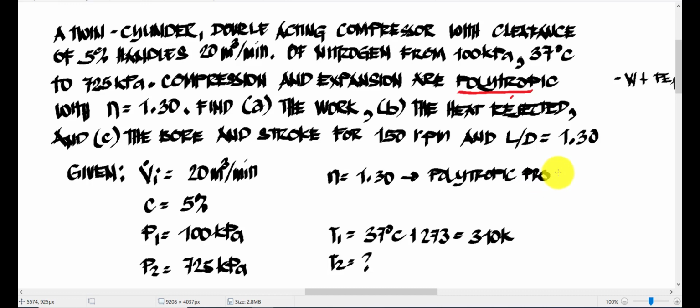Then we have your N for your RPM, which is the revolutions per minute of the rotation of your crankshaft, 150 revolutions per minute.